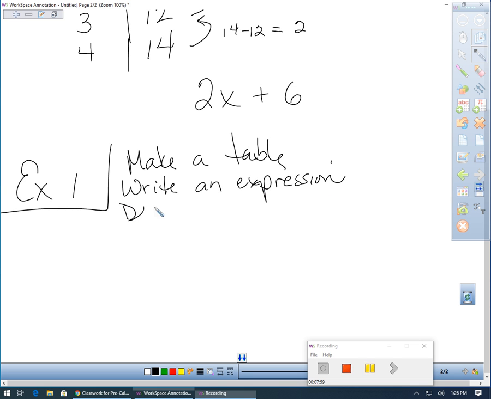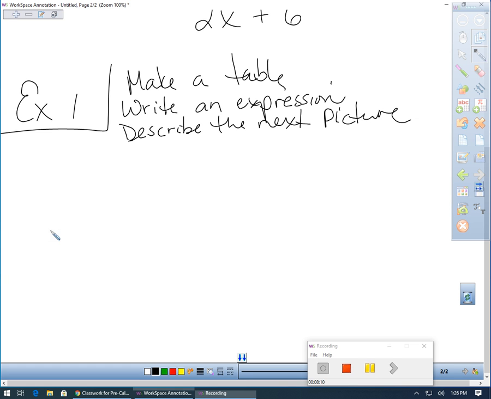And describe the next picture. All right. So, what are easy to draw? Stars? Are stars easy to draw? Let's do that. So, here's my first picture.